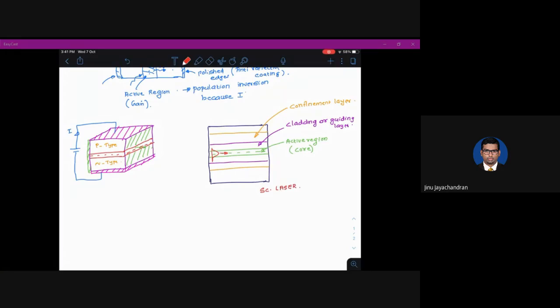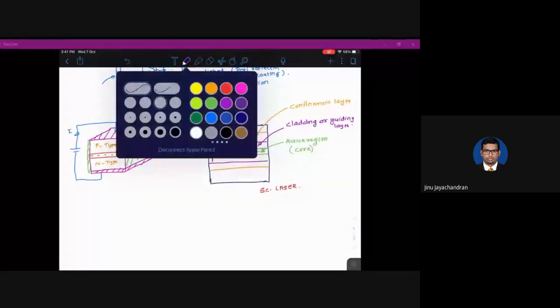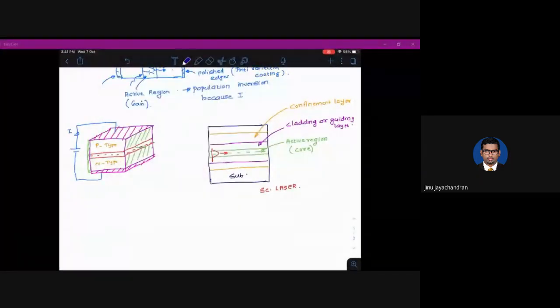There are multiple regions, and we will study in different lasers what these different layers are made of. There will be a core, a cladding, a confinement layer, and the outermost is called a substrate. Substrate is the semiconductor over which all these layers are made, or it is called the body of the semiconductor.